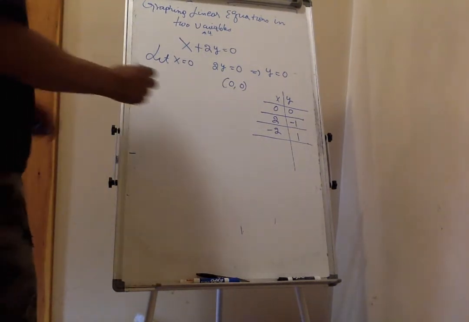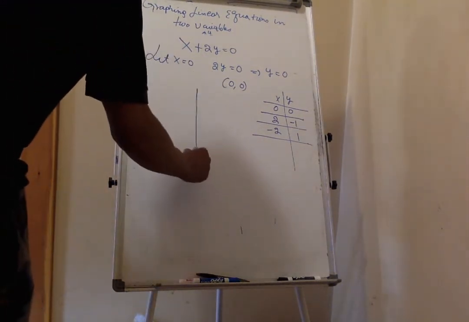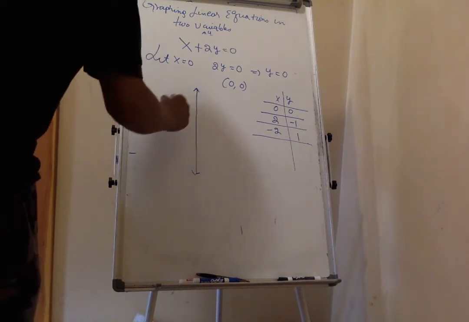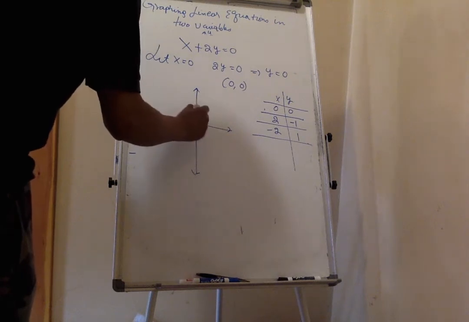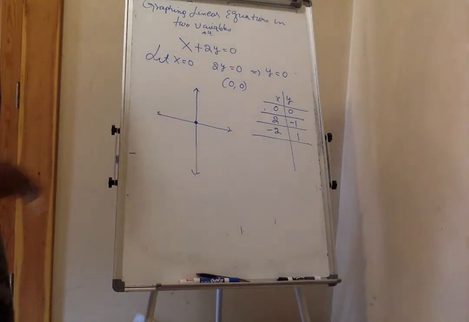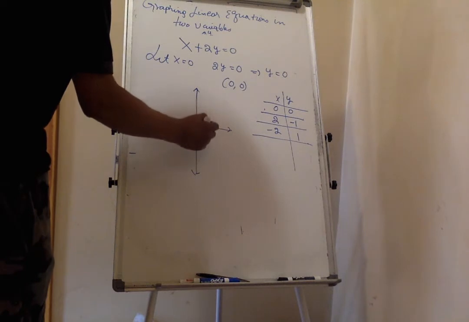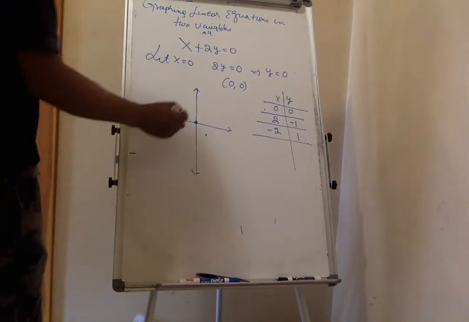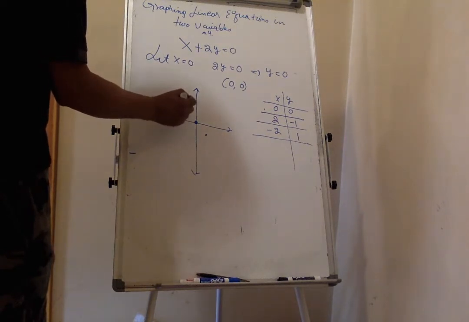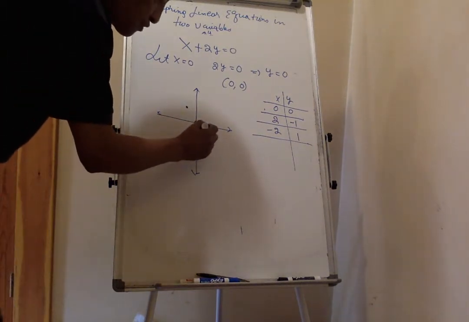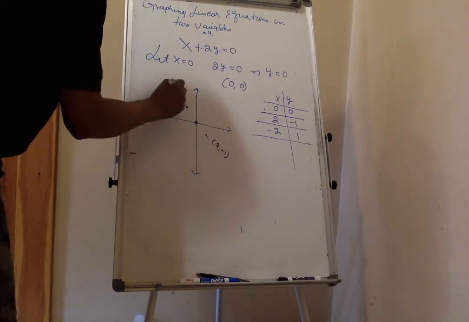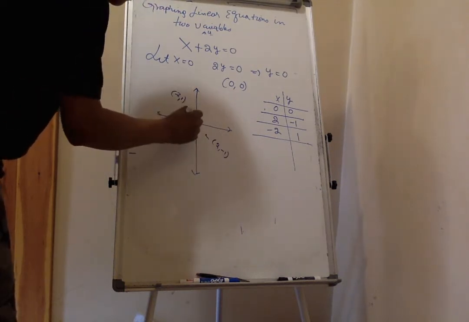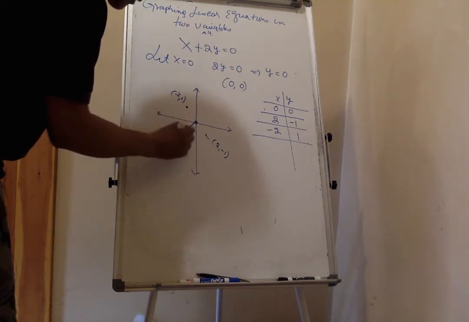Once again, let's have the Cartesian coordinate system. And you have 0 and 0 here. You know, when x is 2, y is -1, so probably let me put it here. When x is -2, y is 1, so this is your (2, -1), and this is your (-2, 1), and this is your (0, 0).